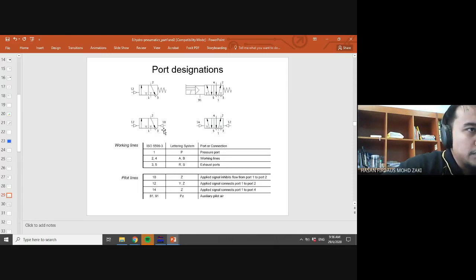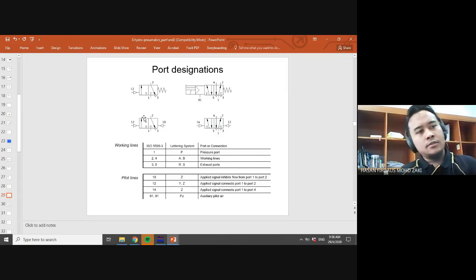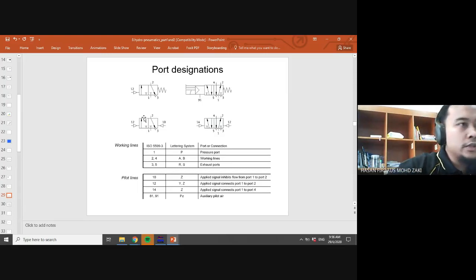If port 10 is activated, this position will be selected. If port 12 is activated, this one will be chosen. I will talk more about this in our next class, where we go into indirect control. For now I just want to talk about the ISO standard of the port numbers.